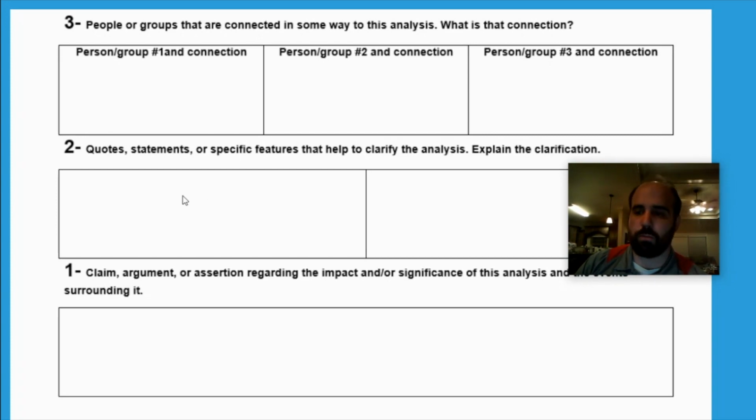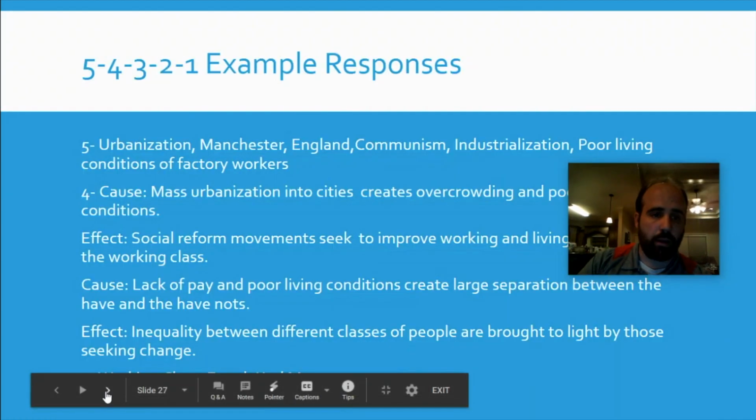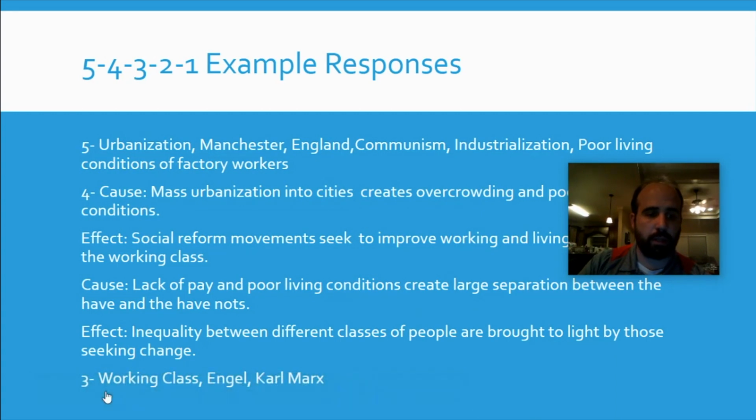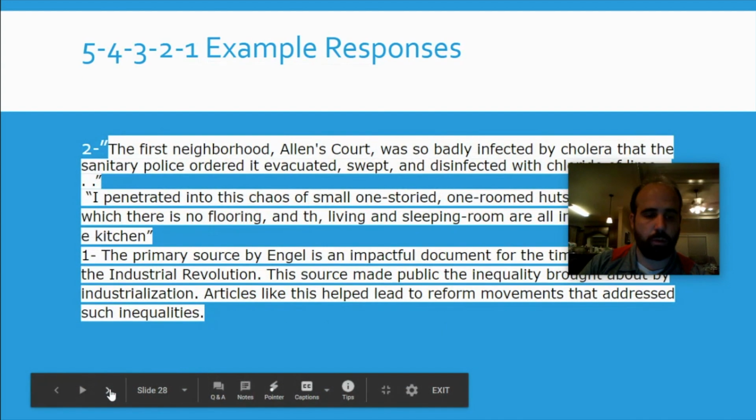Then with the quotes, and by quotes, write 2 quotes from that text that helps to clarify what we're analyzing. And I picked 2 that talked about those living conditions. If we look at this, not this slide here, there's my 4 and 3.